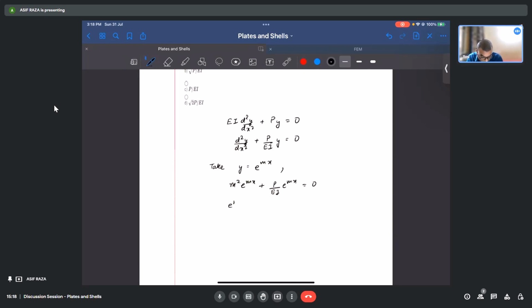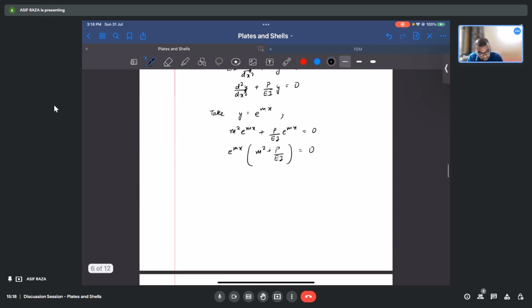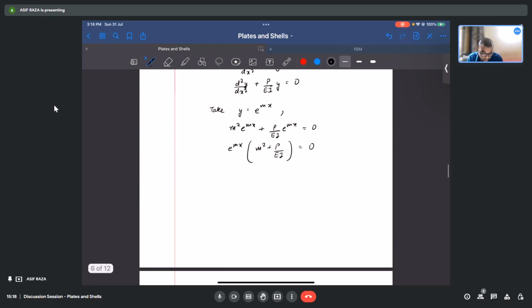So this gives me m square plus P upon EI equal to 0, which gives m equal to plus minus i root P upon EI.